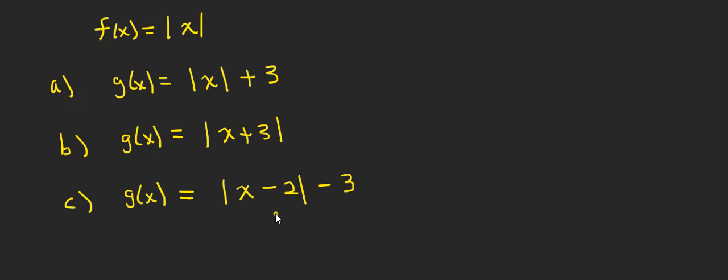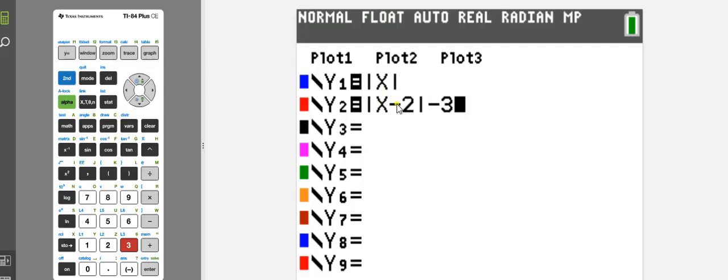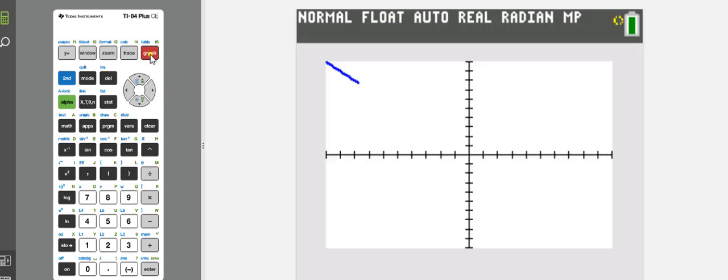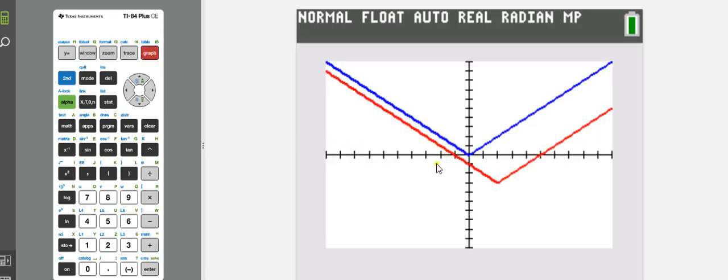So after you move everything to the right 2, everything's going to go down 3. Let's compare these two graphs. Everything moved to the right 1, 2, and then down 1, 2, 3. So there was a horizontal and vertical shift.